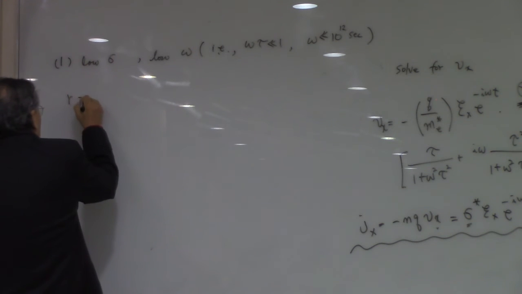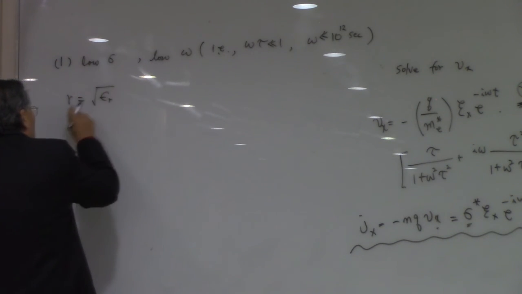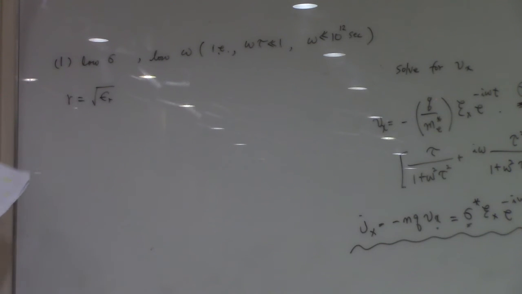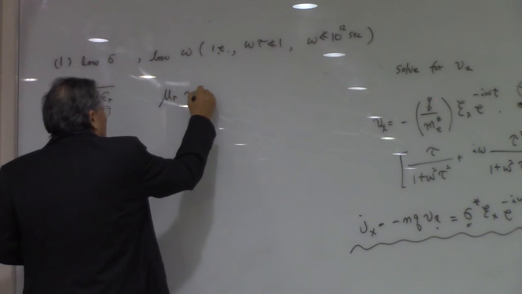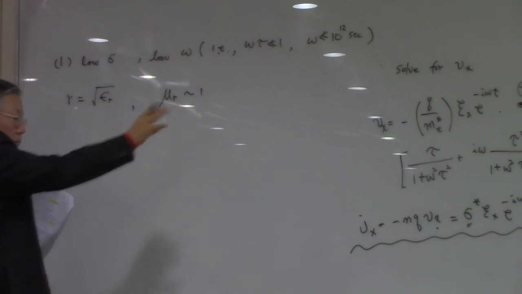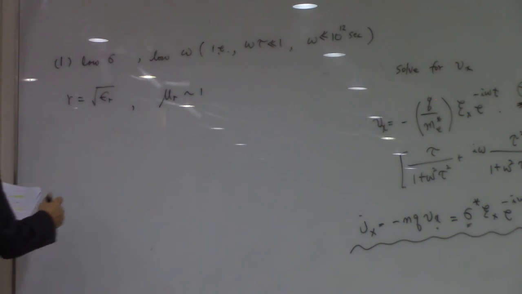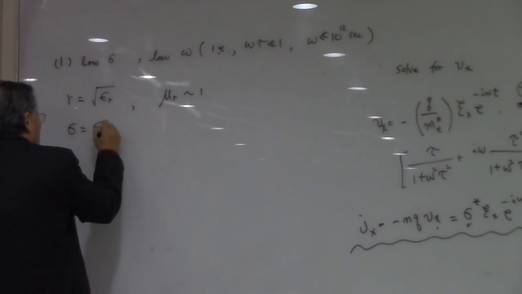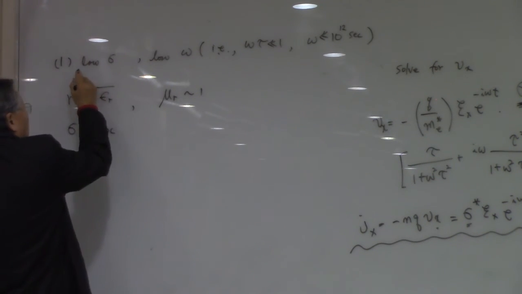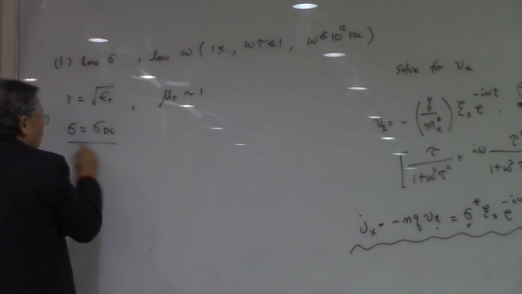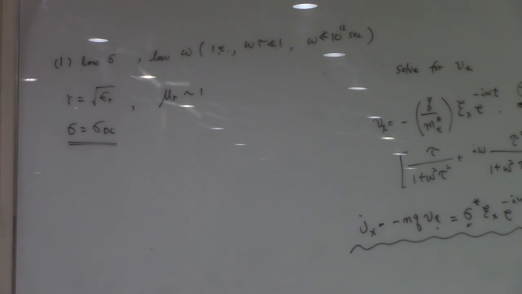In this case, we know that the refractive index is the square root of the dielectric constant. We have to involve the permeability of the material, but in the optical range, the permeability is always close to 1, so we just take that out. And the sigma is going to be sigma dc, because low frequencies means it's almost DC, direct current, not alternating current.